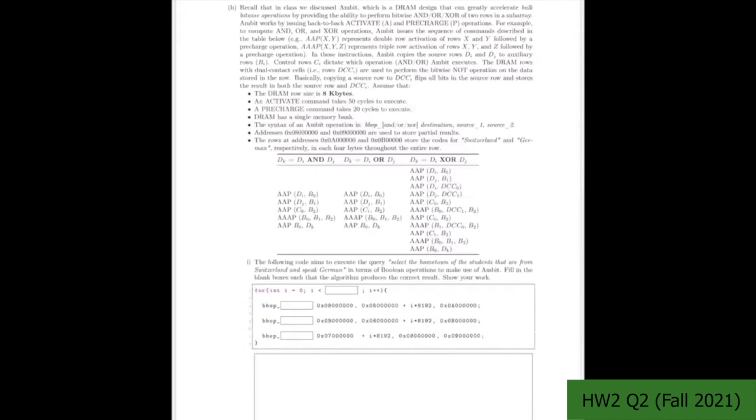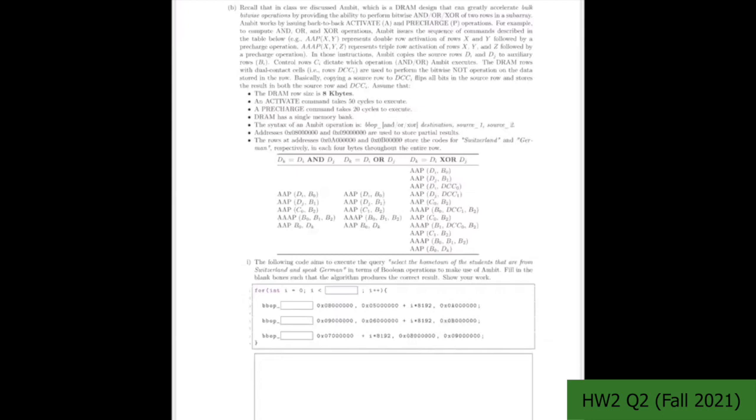It says that Ambit works by issuing back-to-back activate and precharge operations, and it gives an example of how it works for AND, OR, and XOR operations. It also says that Ambit has some control rows that detect whether you're going to execute an AND or an OR operation, and some dual-contact cells that are used to perform bitwise NOT operations on the data.